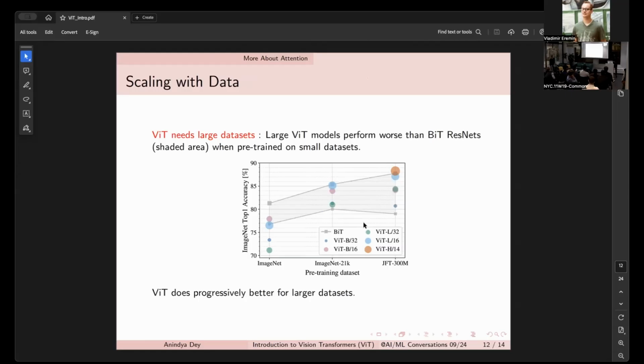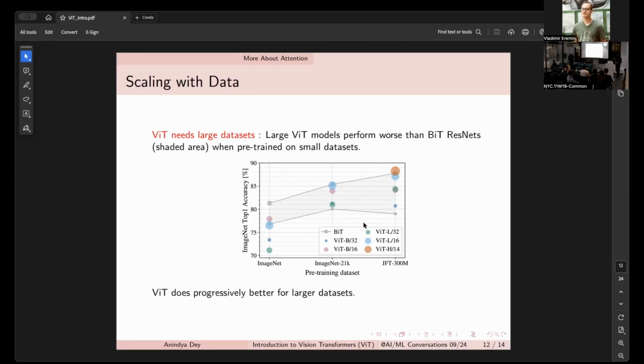Now there is something that you probably have all heard about, ViT, vision transformers. They all require large data sets. This graph, also from the paper, basically tells you what that means.